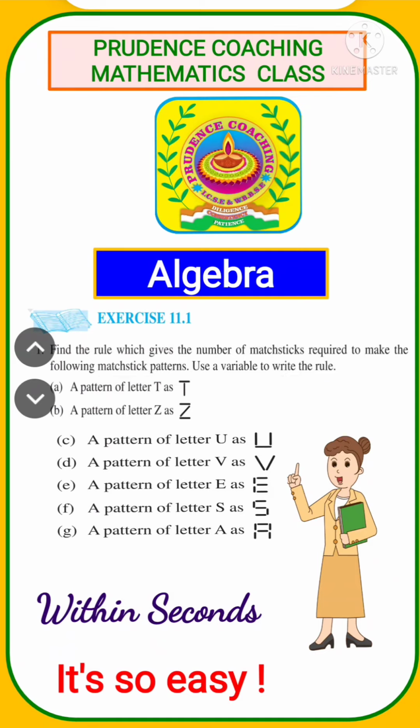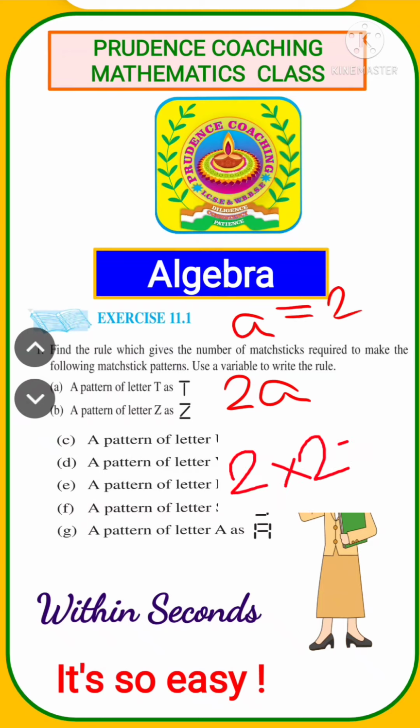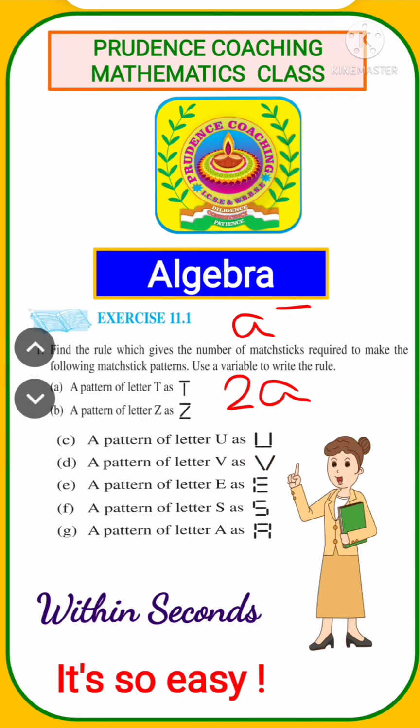So I think you know what is the meaning of a variable and a constant. A constant value, for example 2. If I say 2, that means it is 2. But in case I say the value is 2a, here we have the variable a. That means a can take any value. We can say a is equal to 2, so you will get 2 into 2, this value will be 4. Again I can say that a is 3.